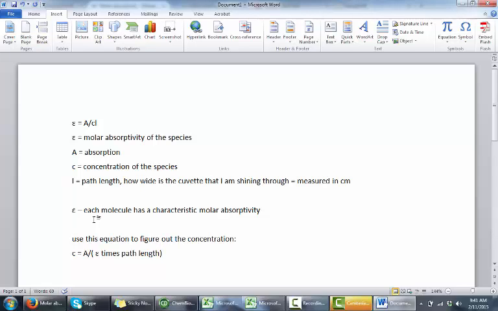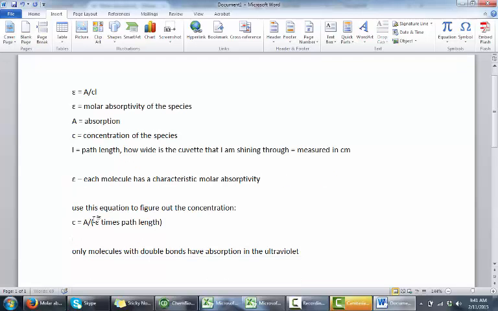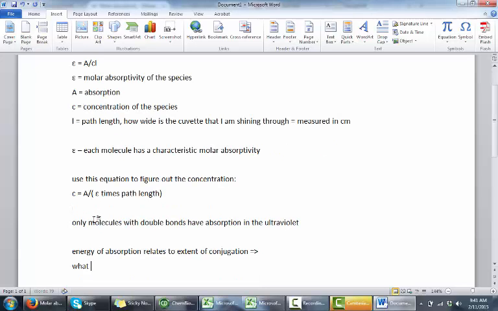And now, more generally, talking about UV spectroscopy, again, we've said only molecules with double bonds have absorption in the ultraviolet region. More generally, the energy of that absorption relates to the extent of the conjugation. I'm going to write that. Absorption relates to extent of conjugation. What does this mean?